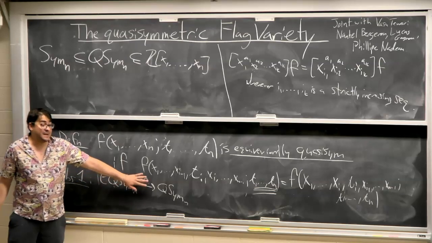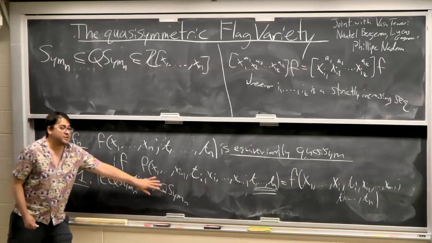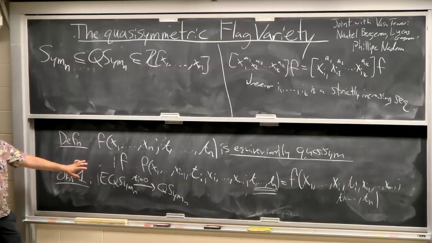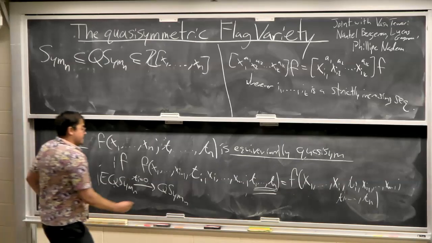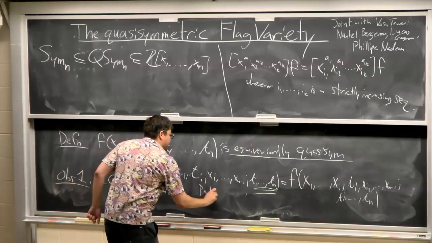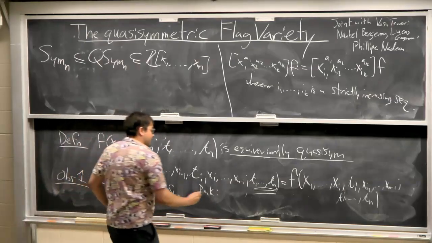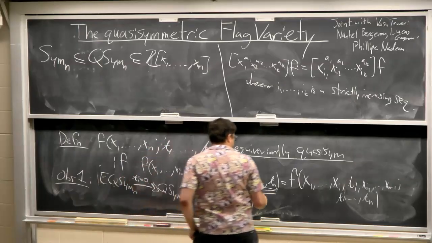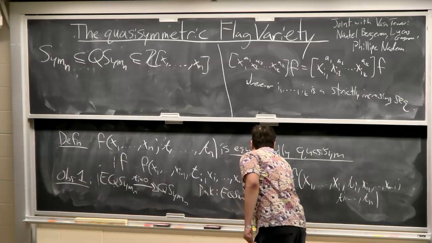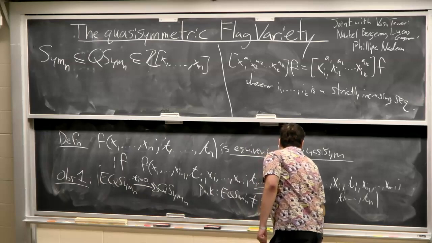There's a big 50-page paper where we actually show that every quasi-symmetric function can be deformed to an equivariantly quasi-symmetric one. That's incredibly not obvious. There's no simple trick. So I'll remark that this is actually a surjection. But what I'll remark is that EQSym is not the same as taking symmetric things and just multiplying them by polynomials.